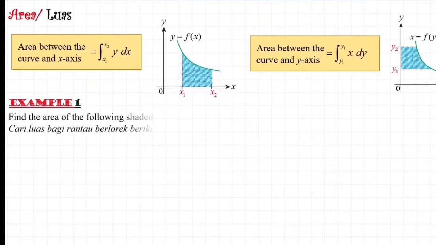Alright, let's see the example. Find the area of the following shaded regions. Cari luas di bawah rantau berorek berikut. We are going to integrate the function when we find the area.